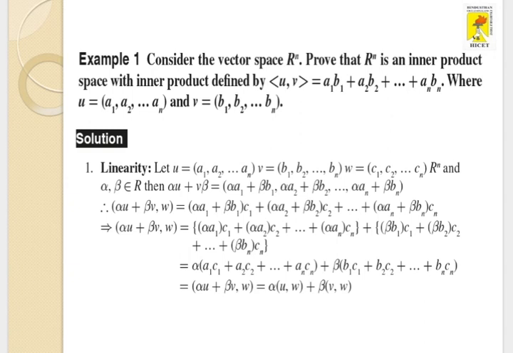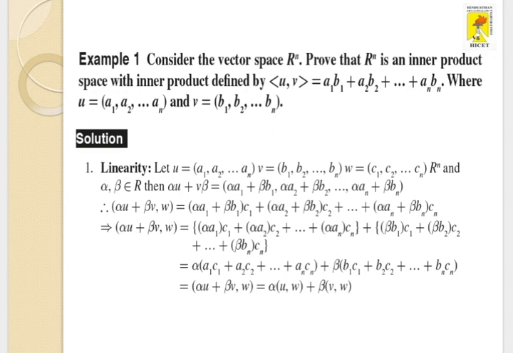Now, inner product of alpha u plus beta v, comma, w is equal to (alpha a1 plus beta b1) into c1 plus (alpha a2 plus beta b2) into c2 plus etc. (alpha an plus beta bn) into cn. Now, what it represents? You collect all the alpha terms separately and beta terms separately.